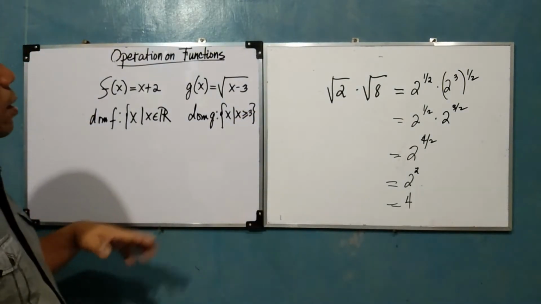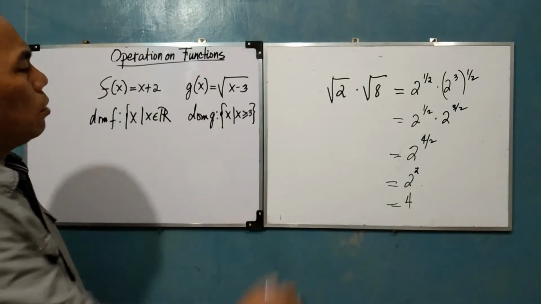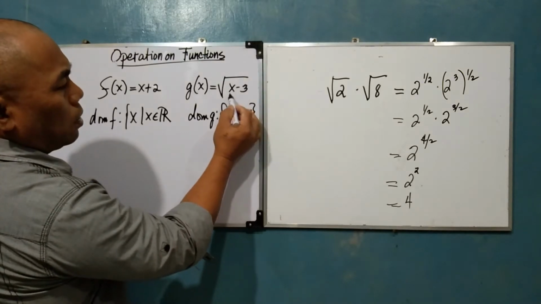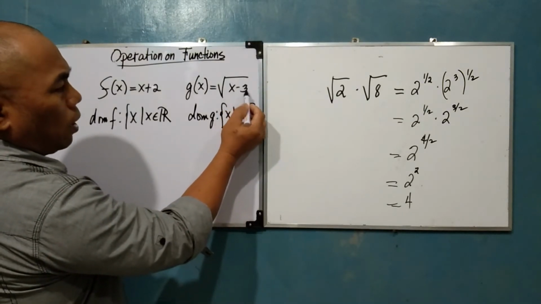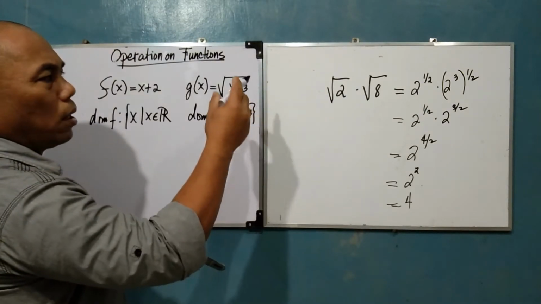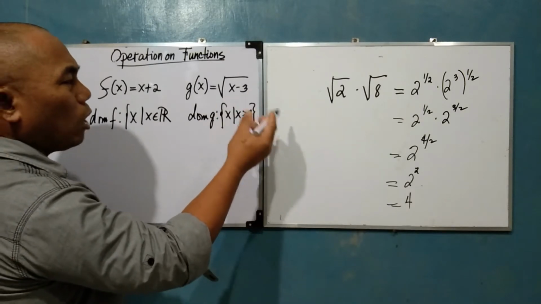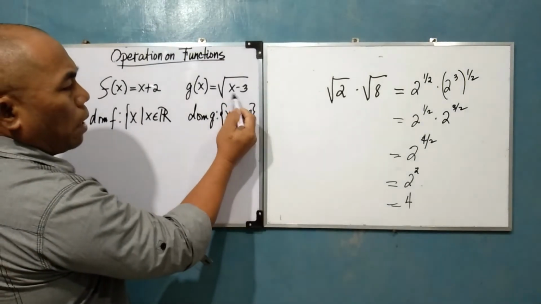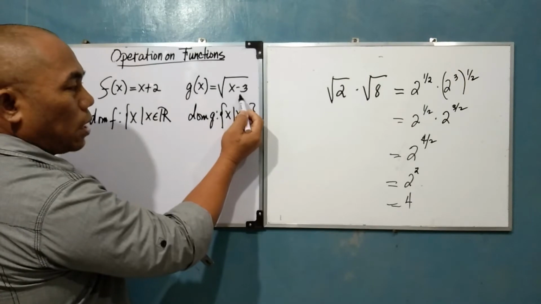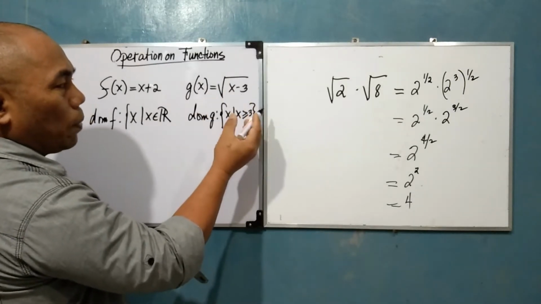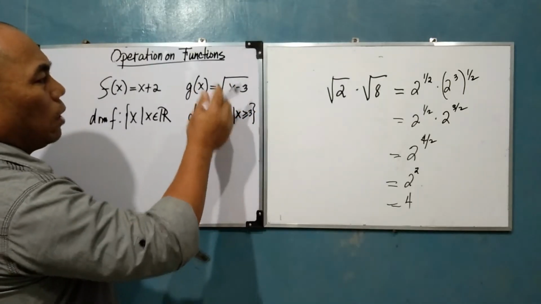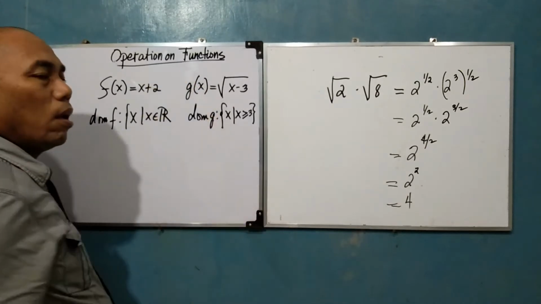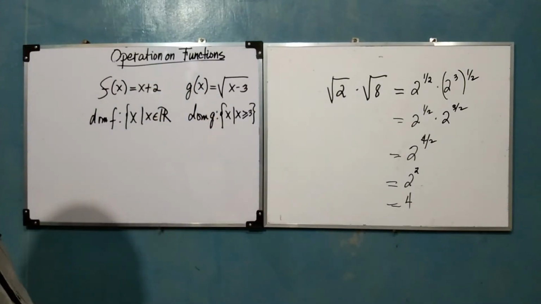Okay? So when it comes to a square root function, all you have to consider is the value of the radicand. Determine the smallest value of x that will make this equal to 0. And that x value is the smallest value in the domain of the given function. Okay?